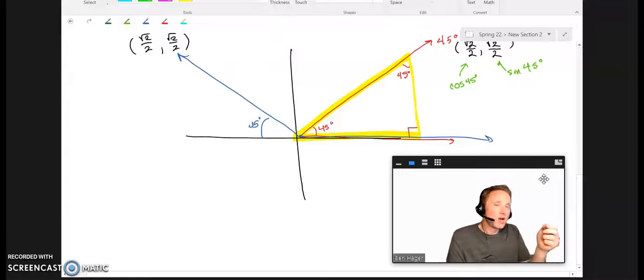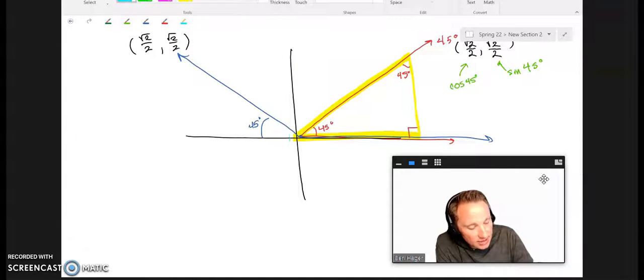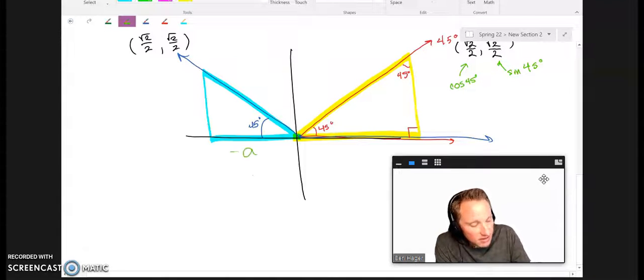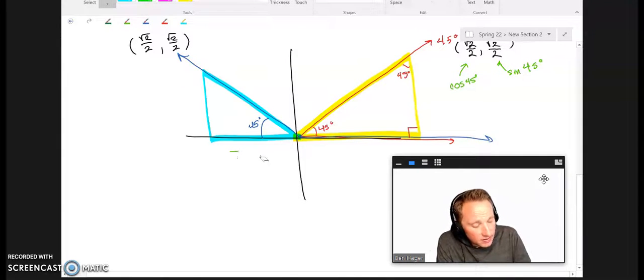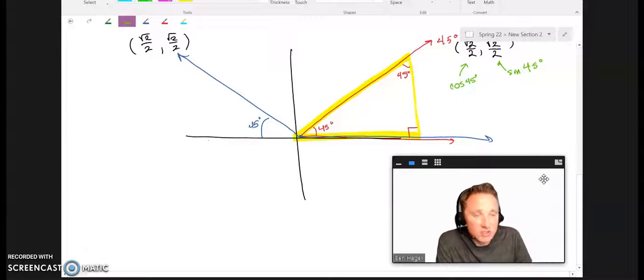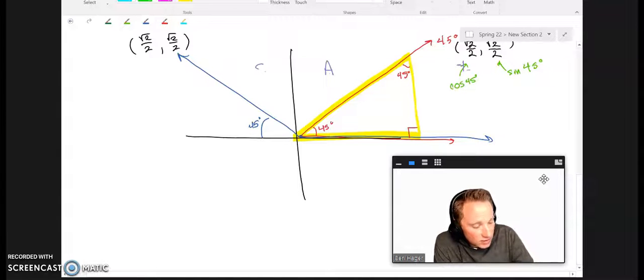Now, I did draw this in quadrant 2 where, if I was labeling the side lengths of this triangle, I would say, well, wait a minute, this should be negative A because I went left, and you'd be right. So if you're going to use the special right triangle route to figure it out, you'll see that. Or we can use that handy dandy trick that all students take in calculus.